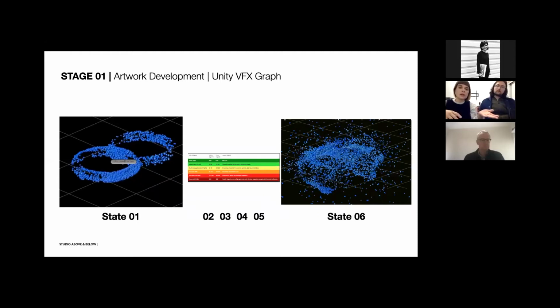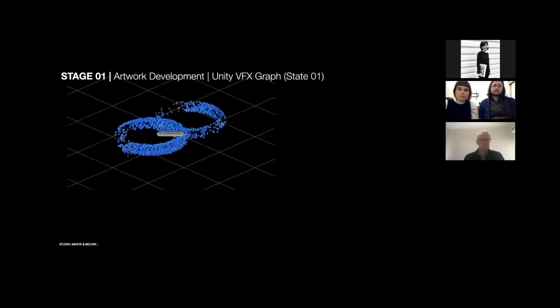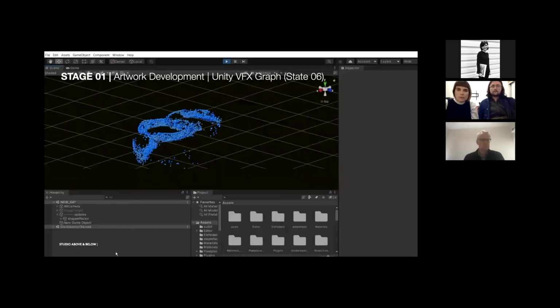For example, on the left you see state 1, where there's less pollution taking place, and state 6 is more polluted. And we have those different states. The data influences those little parameters in the VFX graph. And the more polluted it gets, the more chaotic the audio and visual becomes.